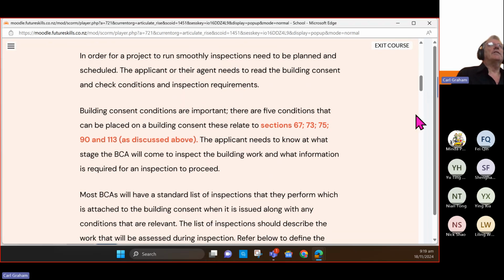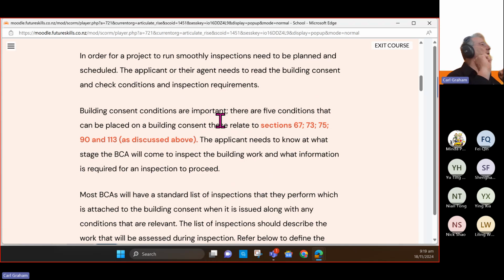There are these sections in the Building Act, there's 5 conditions that can be placed on a building consent. What does that actually mean in real terms? Explain to me what a condition might be. What can you imagine as a condition?